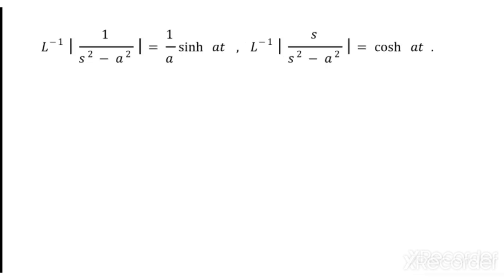The last one more we have here is 1 over s square minus a square, that is 1 over a sin h a t, and s by s square minus a square is cos h a t.